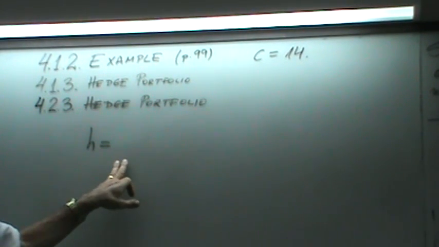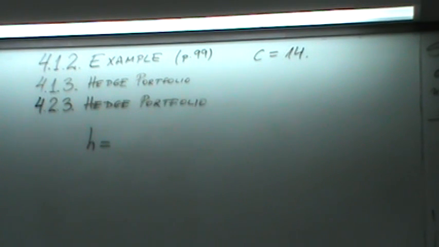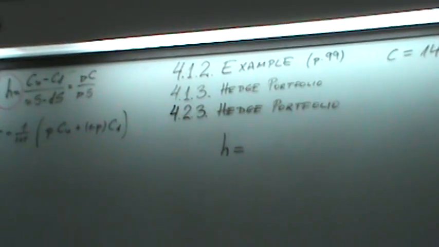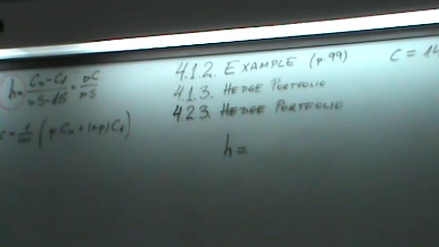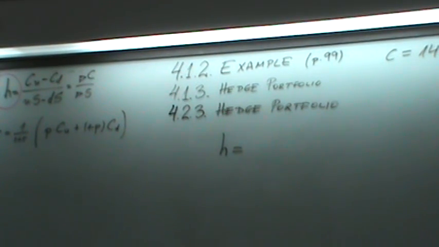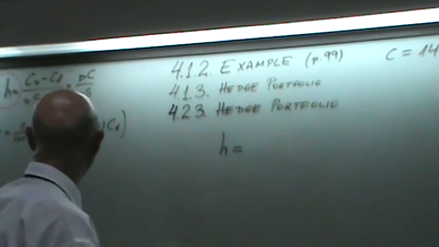The hedge ratio is the change in the price of the call divided by the change in the price of the stock. So we got 31.54.